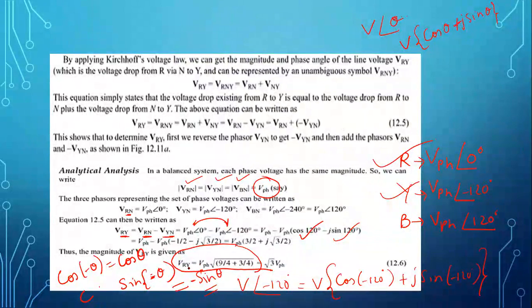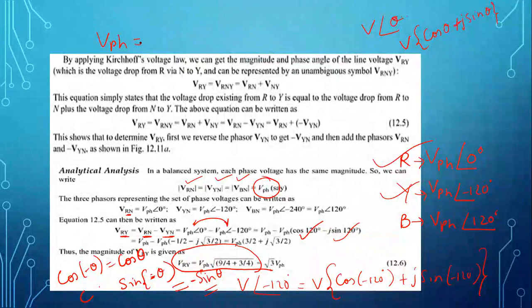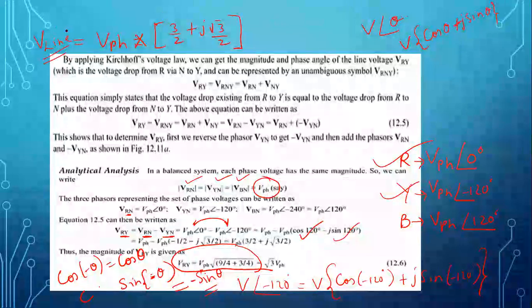That is VRY is VPH times root of 9 by 4 plus 3 by 4. But before this, we are getting here VPH multiplied by 3 by 2 plus j root 3 by 2. So this is the value you are getting for VRY, or for line voltage. You can write it as line voltage.